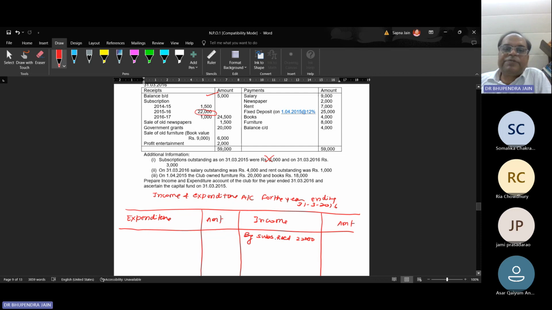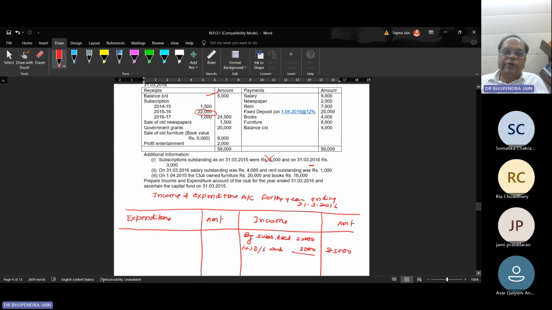If subscription is given separately for different years, then we have nothing to do with it. And on 31st March 2016 outstanding is rupees 3,000, so it will be added. Outstanding subscription 3,000. Then total subscription is 25,000.